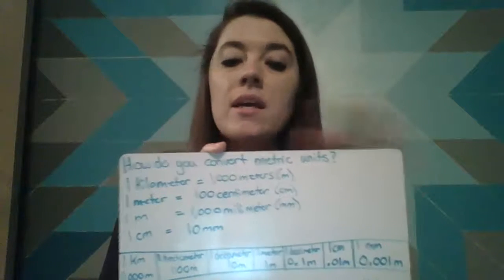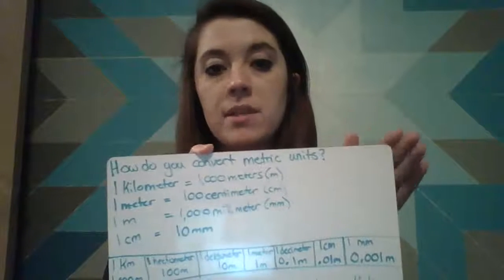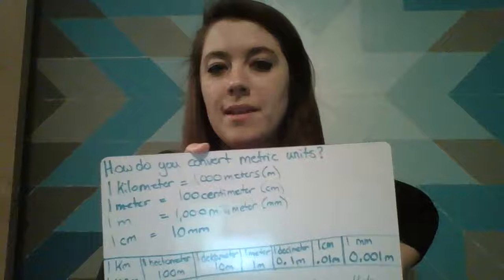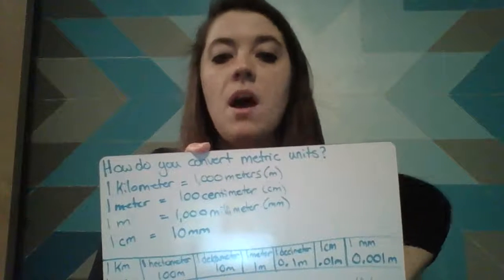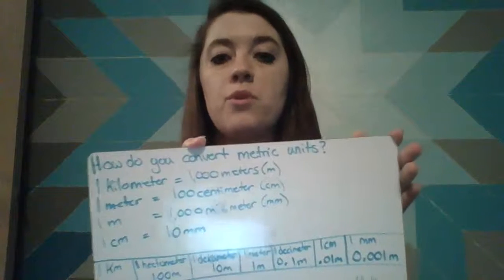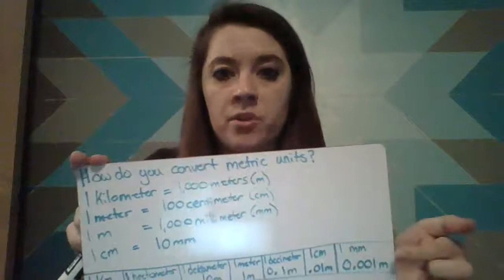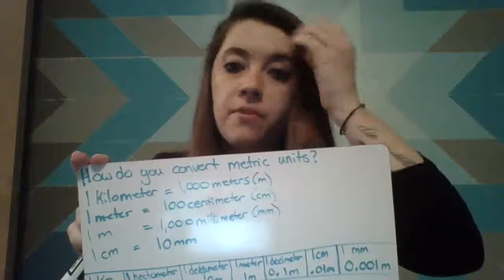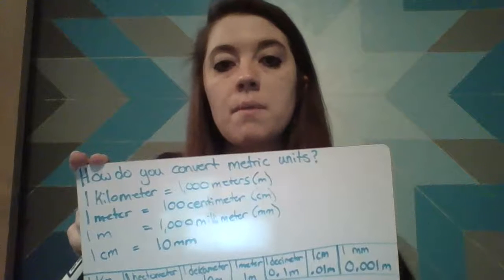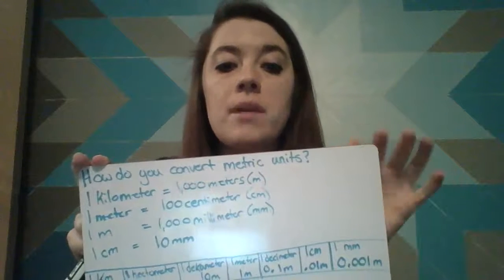The metric system is what the rest of the world pretty much uses. Aside from the United States, we have our own system outside of everyone else. So when you go to other countries, this is how they are measuring things. That's why sometimes when you see things with different ways to measure them, it might be because it's from a different country. So how do you convert metric units?